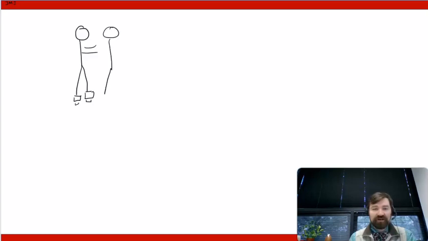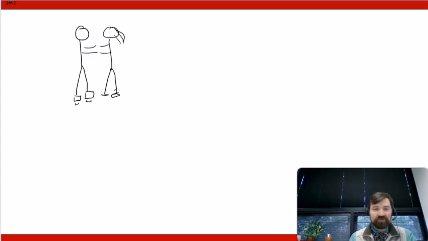So let's consider the simplest case. Maybe you have two people ice skating. They are out on the ice with their skates, standing together, and they push off from each other.